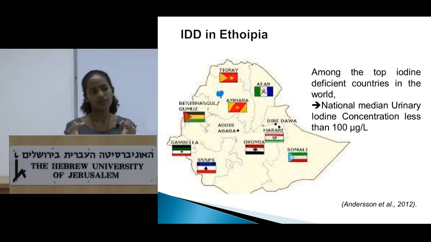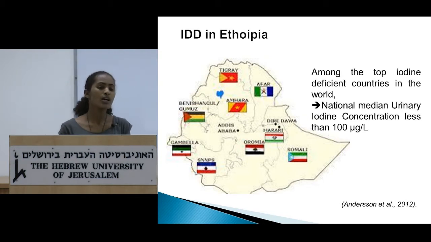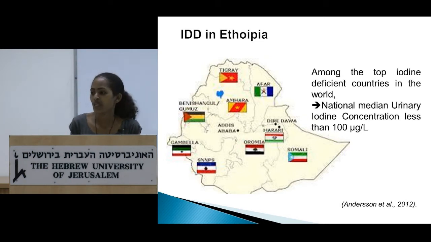Populations living in the highland parts of the country are more prone to iodine deficiency, because in those areas there is soil erosion and leaching of iodine from the topsoil. This problem leads to iodine deficiency.